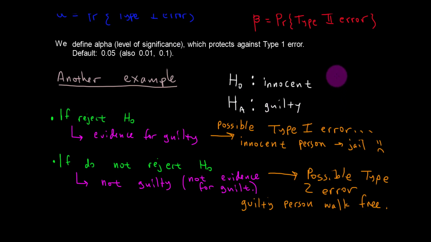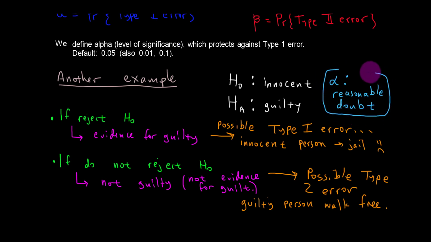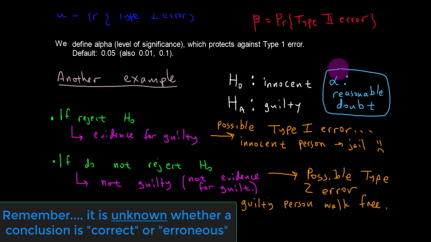Here, alpha is like the reasonable doubt. I never really knew what that meant until I started teaching statistics and thought about this a lot more than maybe the typical individual. So that's all about errors. We're going to identify what types of errors could have been made in various conclusions. So see you there.